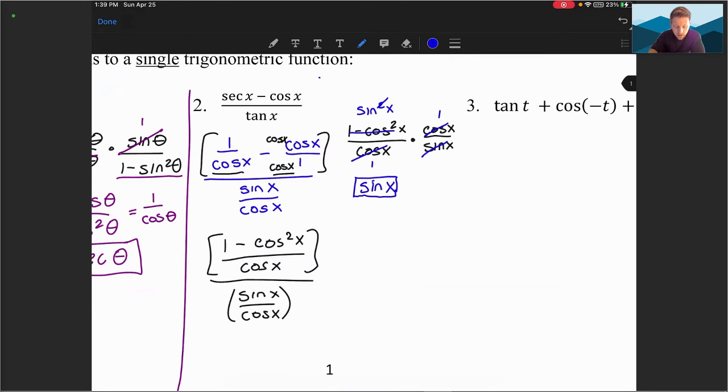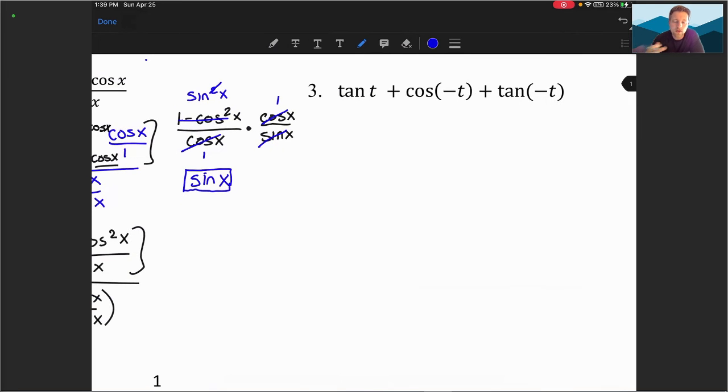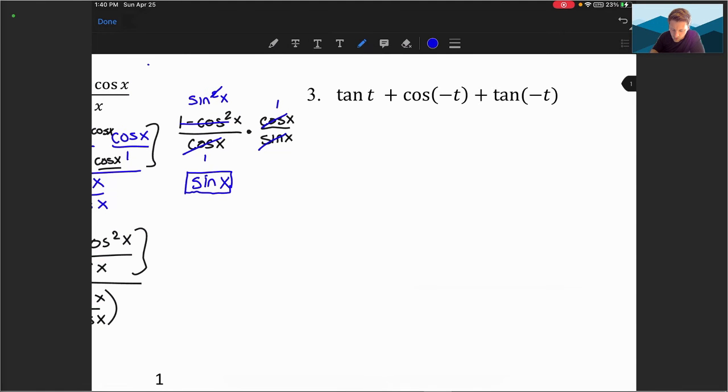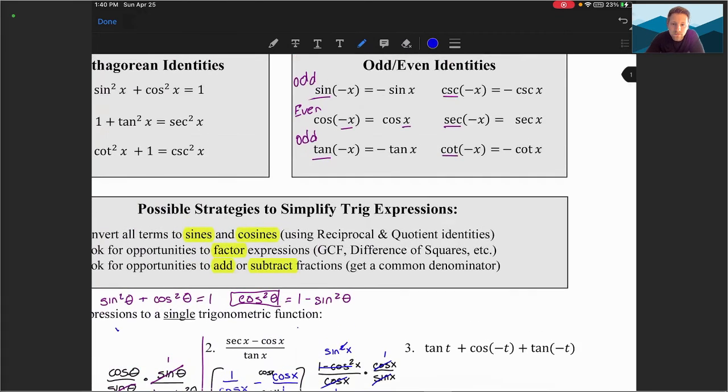So let's take a look at number 3 as well. In number 3, again, we want to work this down to a single function. So I'll start with the tangent of t. We have a cosine of negative t, and then plus a tangent of negative t. So let's just remind ourselves, come back to our identities for the odd and even functions.